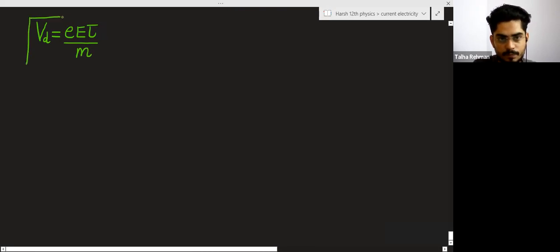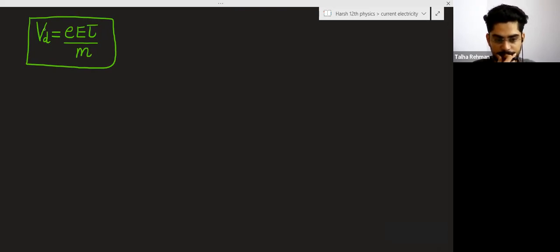Here E is the electric field applied, tau is the relaxation time, m is the mass of electron, and V suffix d is the drift velocity of electron.